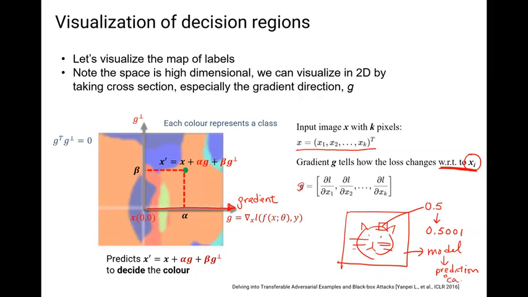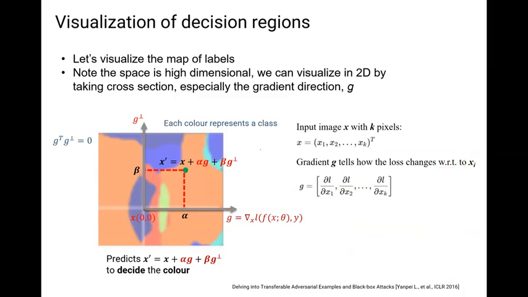It may still stick to cat, or it may change to something else, but it will certainly give you a different prediction score, which corresponds to the loss. So you can form a vector by taking the partial derivatives. Every pixel can change, and each small change will cause a change in your loss. So you can take these to form a vector. This is called a gradient.